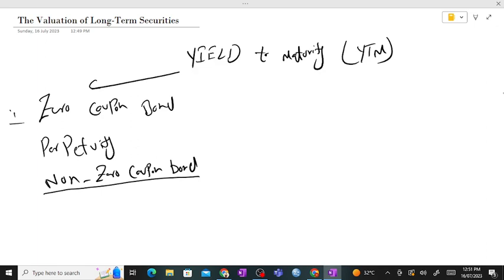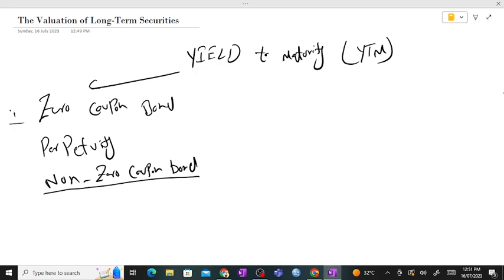The valuation of a zero coupon bond is a version of that used for a normal interest rate. For example, suppose a company issued a zero coupon bond having a 10-year maturity and $1,000 face value.